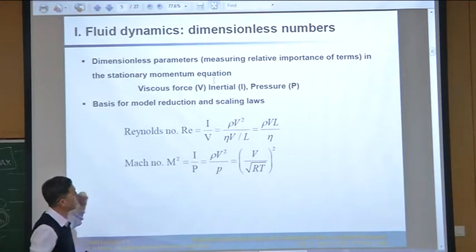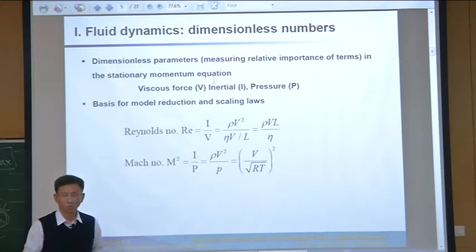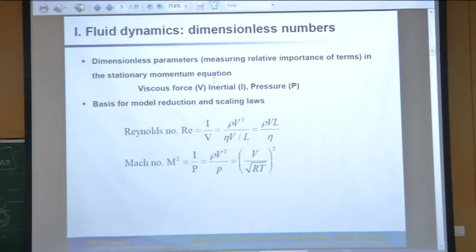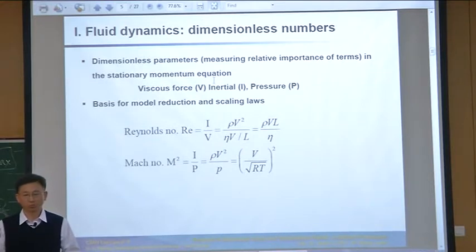So the Reynolds number is basically I divided by V, viscosity. The Reynolds number is nothing but a comparison of inertia, the most important term in fluid dynamics because it makes fluid dynamics move, with the viscosity.